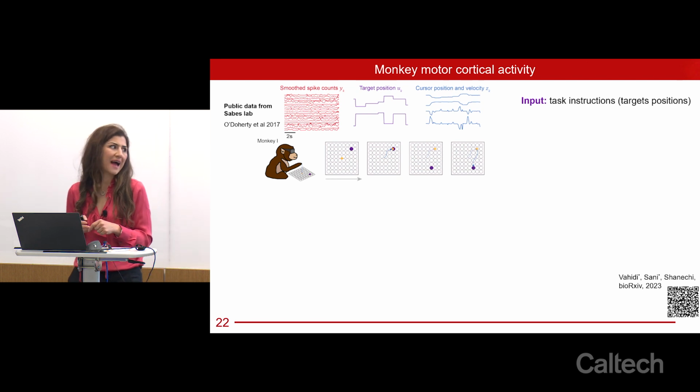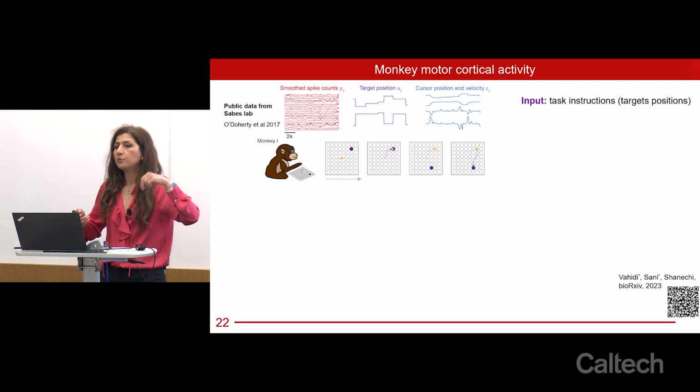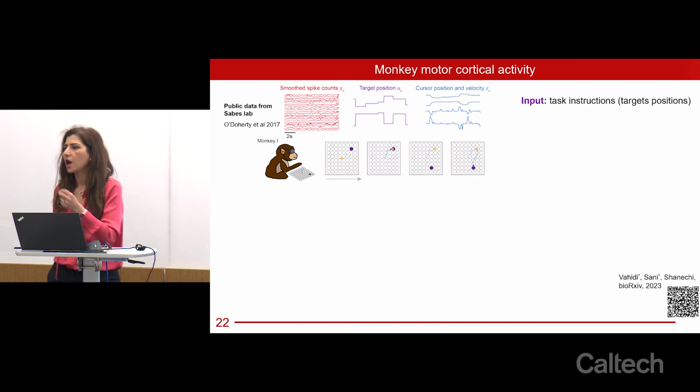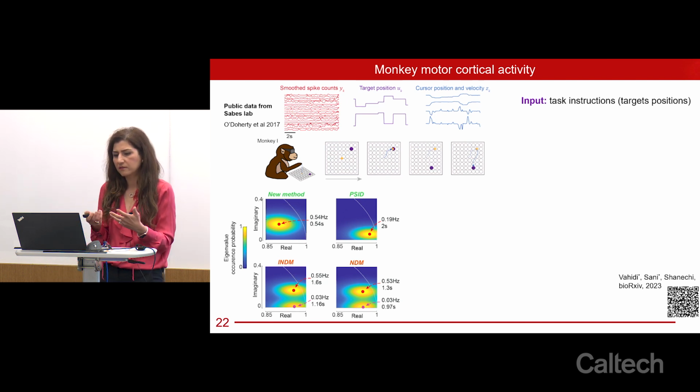So we looked at a public data set from the Sabes lab, where monkeys were performing this cursor movement task. Behavior here was the cursor kinematics. And input here was the sensory task instruction input about where the target actually is. So first, we looked at the eigenmodes of this new method and the other methods. They're distinct.